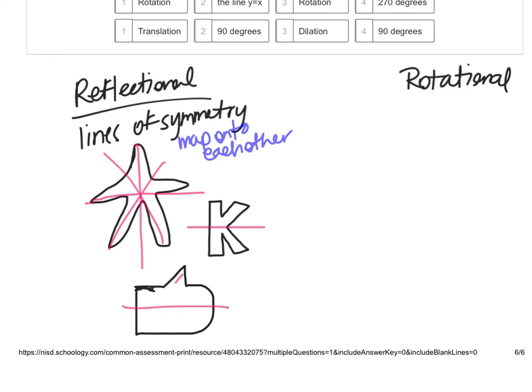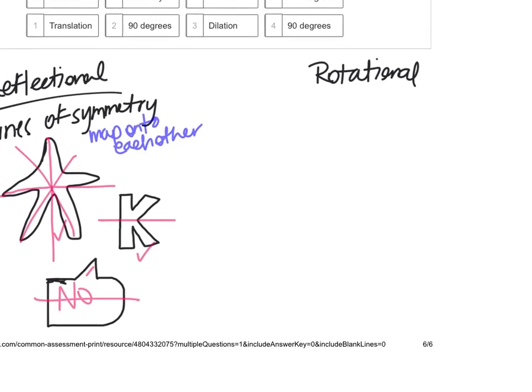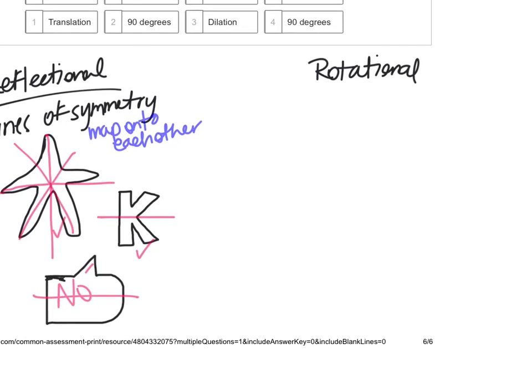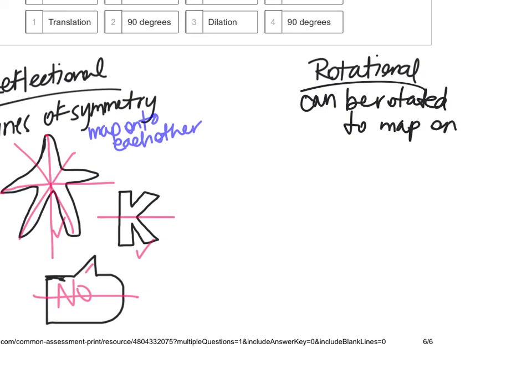Now rotational symmetry is where it can be rotated to map onto itself. One really good example would be an addition sign.